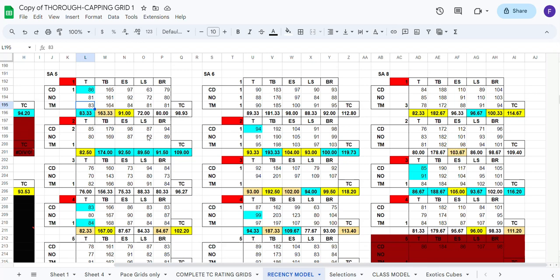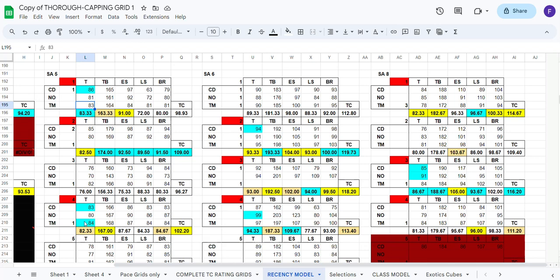But again, this model is focusing on recency. So out of the recency, the best target number out of the second and third races here would be our ability. Okay, and everything else we would be looking at as stale form. Okay, we'll look at it that way.